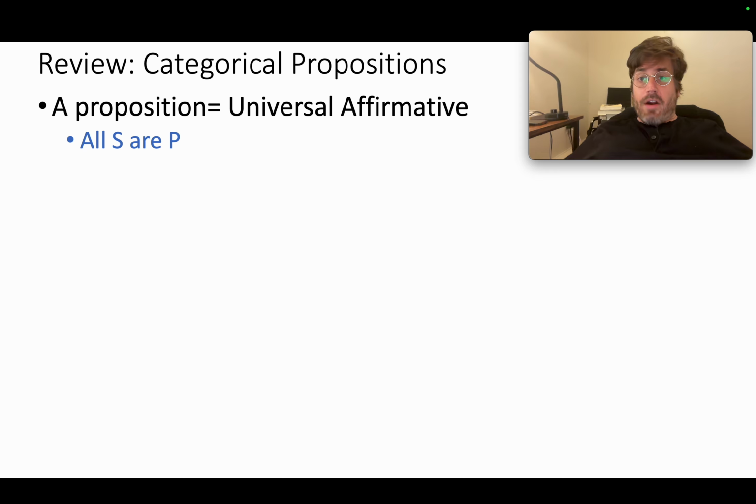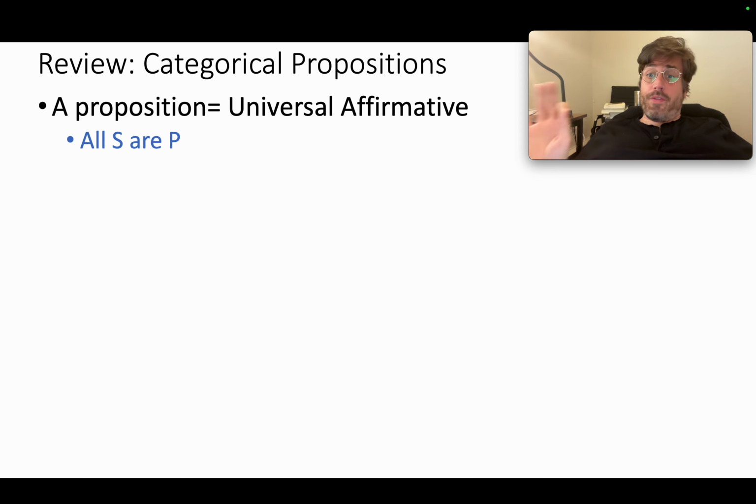Remember, we have our four categories of proposition. That first category is our A proposition. The A proposition is a universal affirmative. Universal affirmative propositions take the form all S are P. And remember, we're using S to stand in for the subject class and P to stand in for the predicate class.